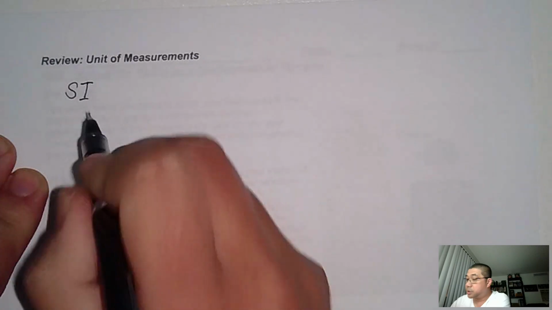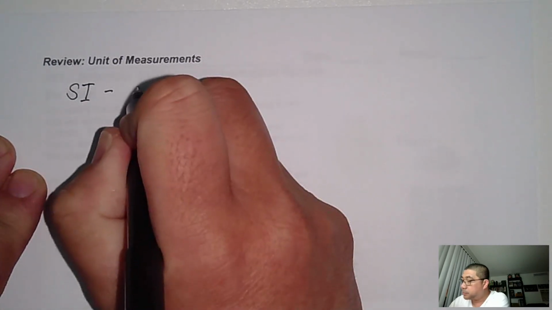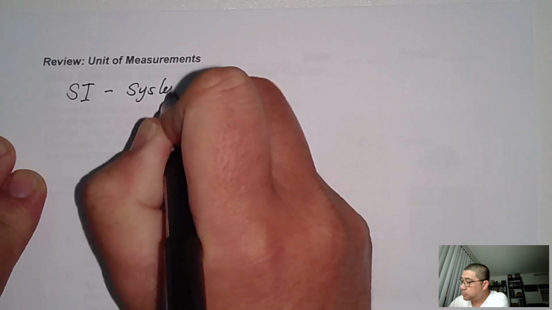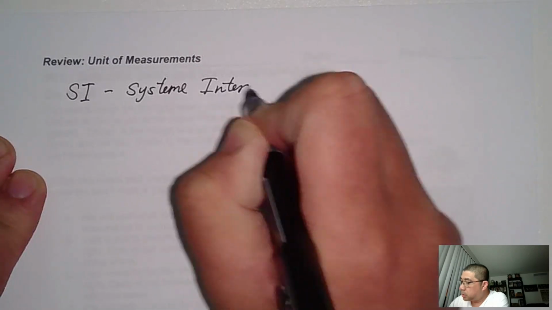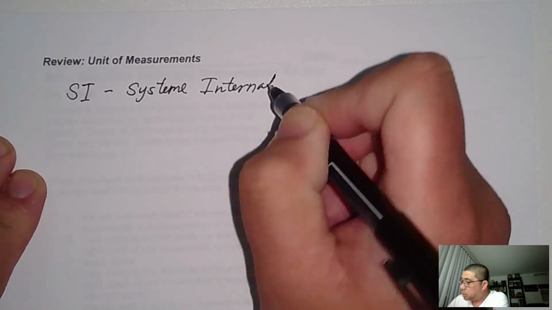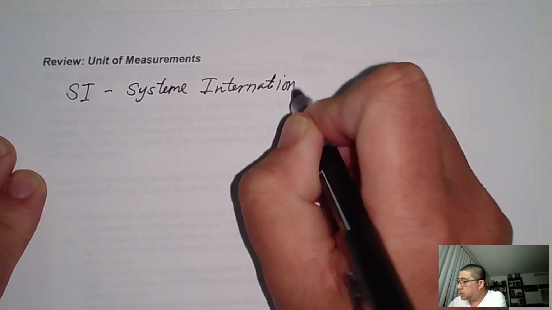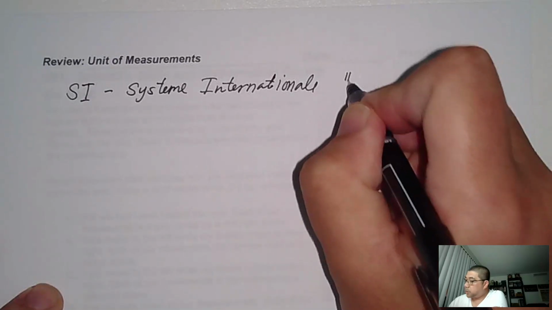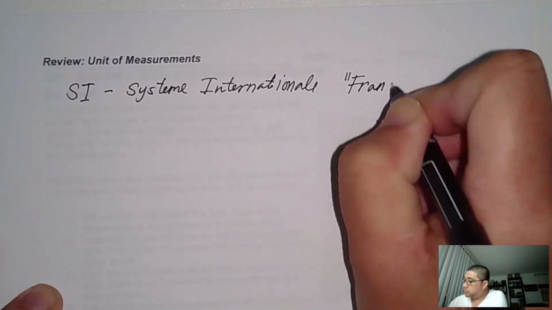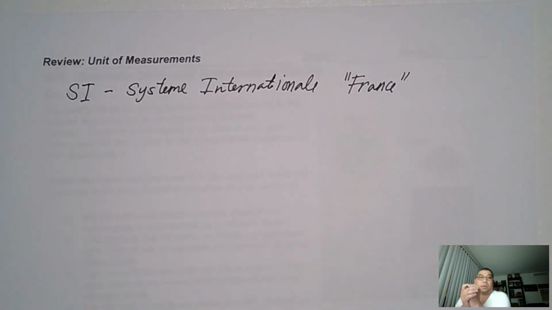SI, or System International, which is based in France. So in science classes, we use the SI system, also known as the metric system.